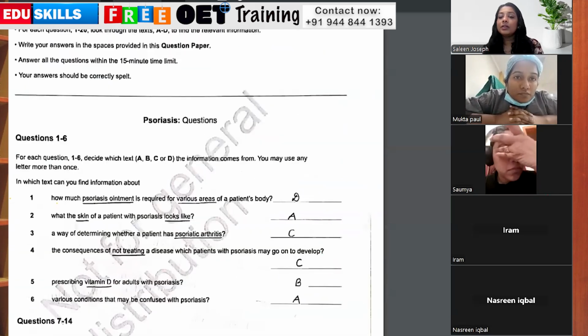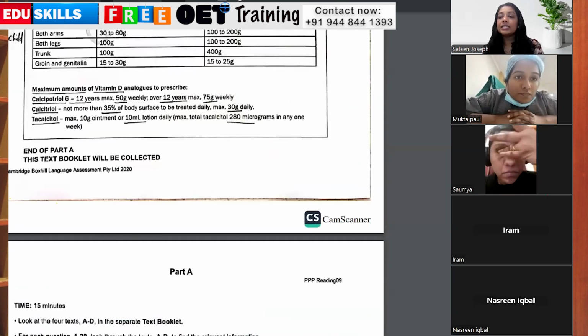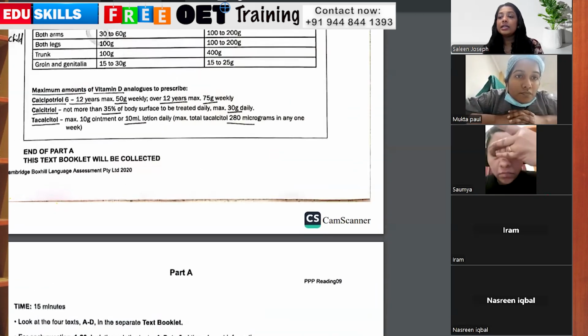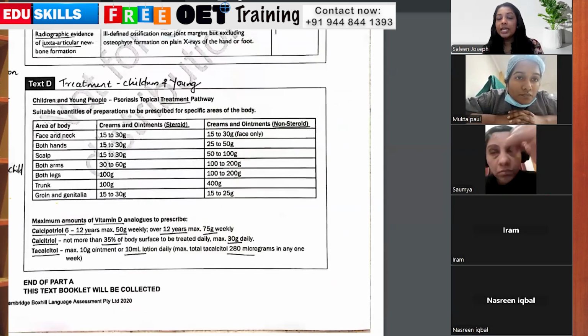When you finish skimming the text, you can write in your text booklet, not in the answer booklet, like this: description, treatment for adult, just in short form. Psoriatic arthritis, treatment for young and children.